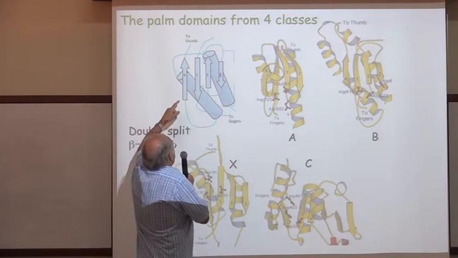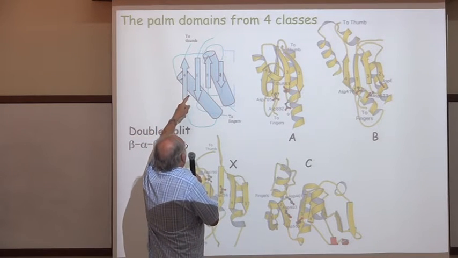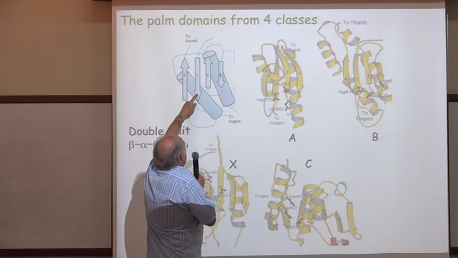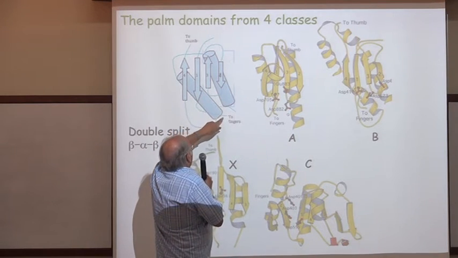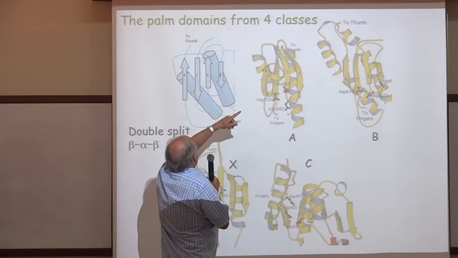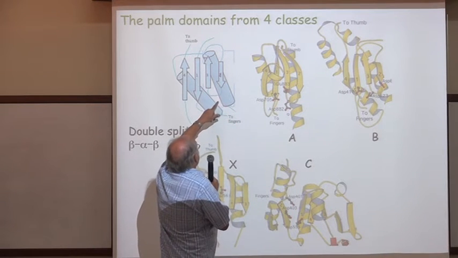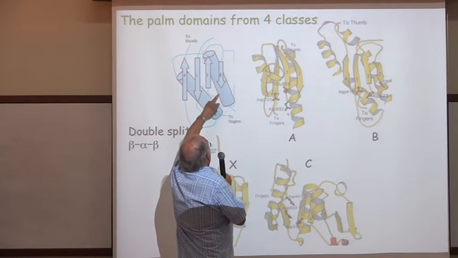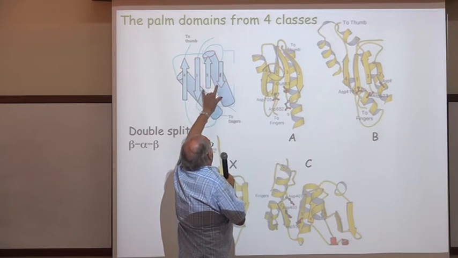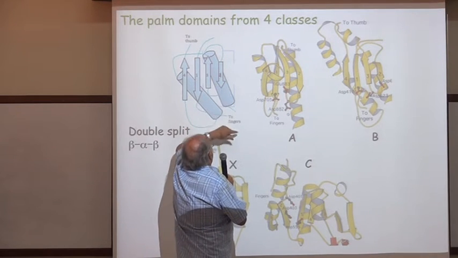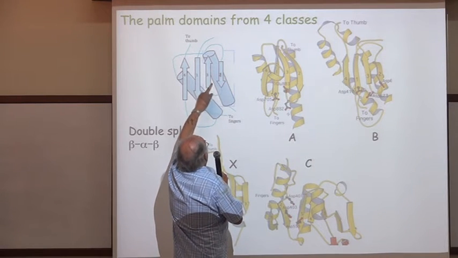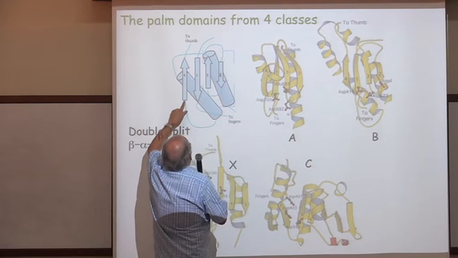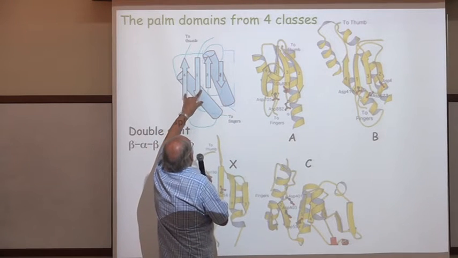So you come in through the beta strand 1, and this goes off to the fingers, but then it comes back to beta strand 2, which is parallel to number 1, and then it gets into strand number 3, goes through another helix, and comes back through number 4.